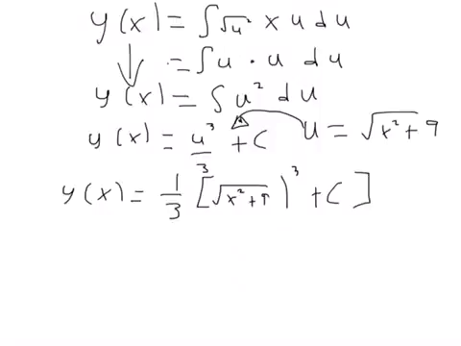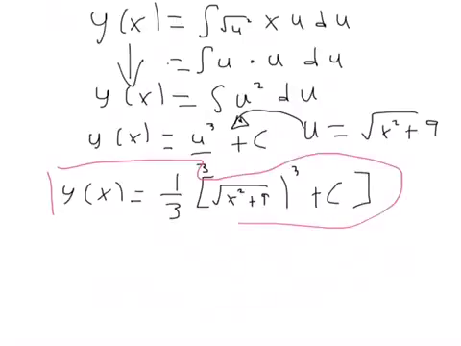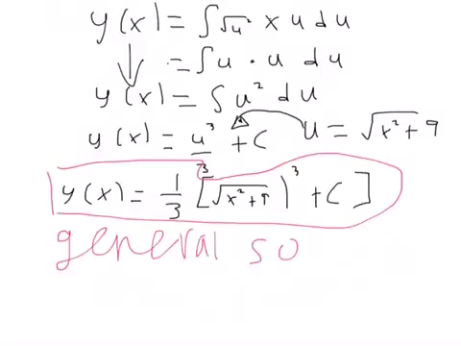And that is the general solution. So you have the general solution. Now the next step for this problem is to find the particular solution. So now we're finding the particular solution.